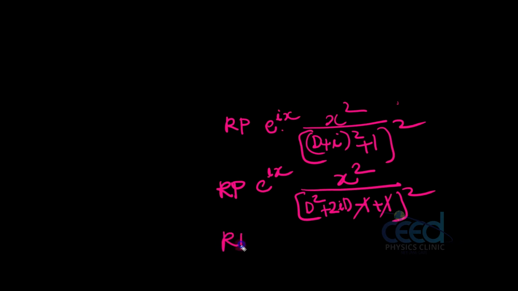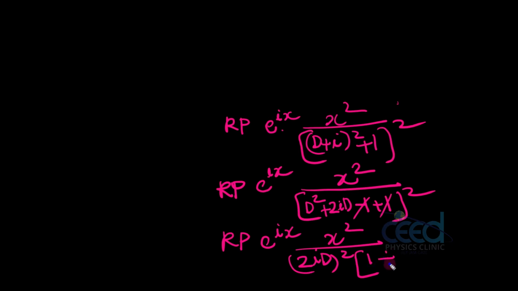2id plus 1 whole square: that is minus 1 and minus 1 cancel. So that is the real part of e raised to ix into x square divided by, I can take 2id out, 2id whole square, so 2id square out. Then I can write this as 1 plus d square divided by 2id.